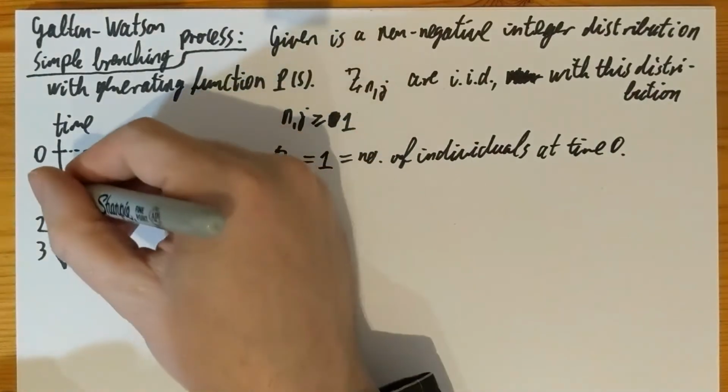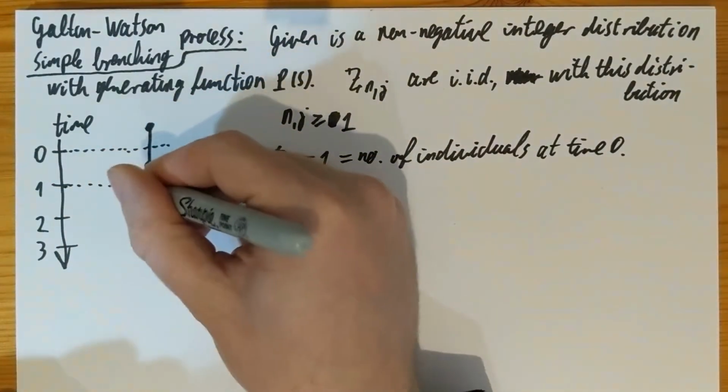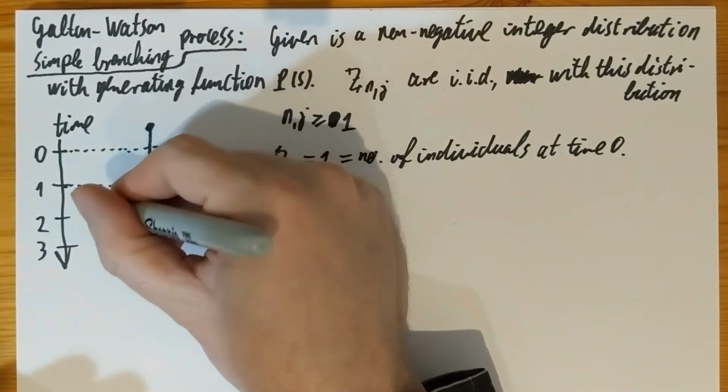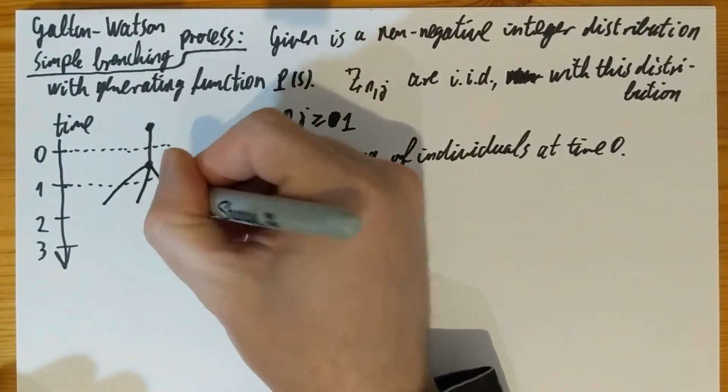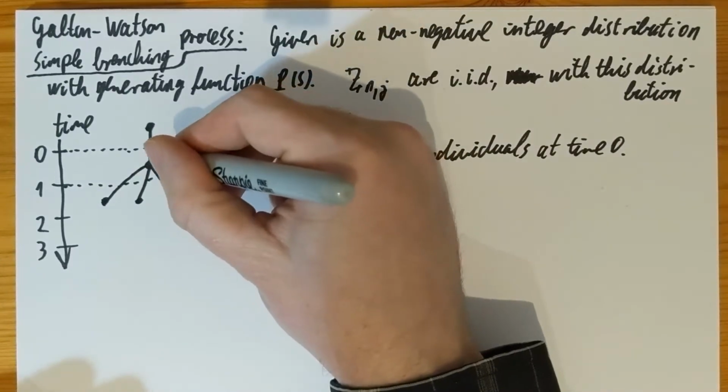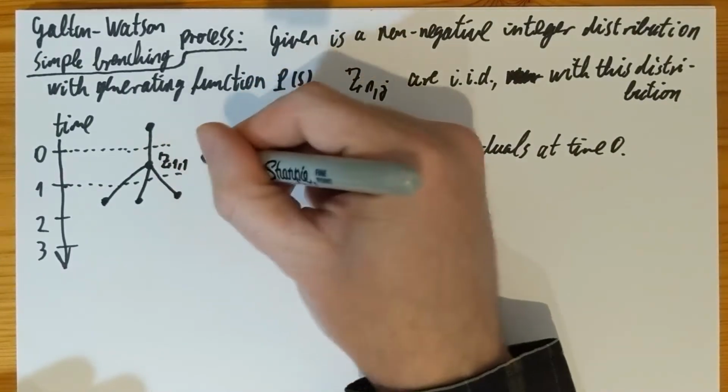Now between time 0 and time 1, this individual will have a total of Z11 offsprings. So maybe Z11 is 3, and so this individual will have Z11 offsprings.